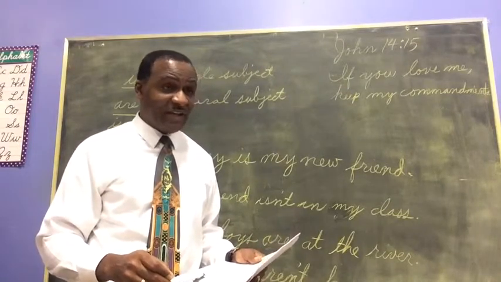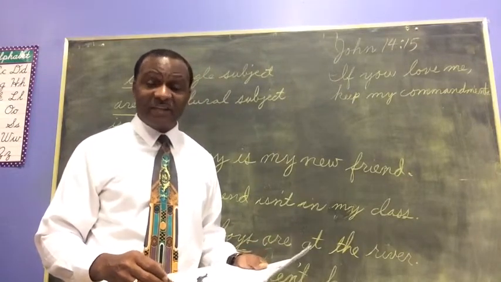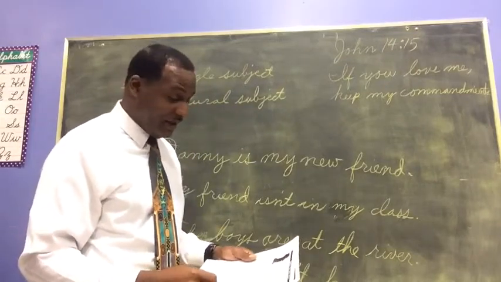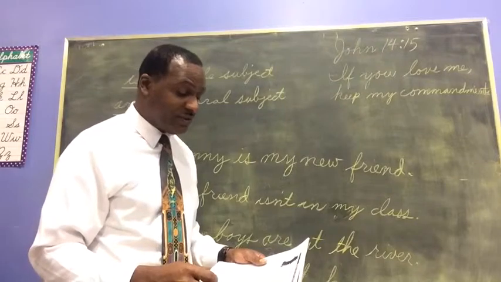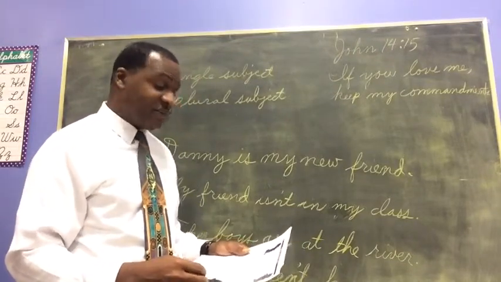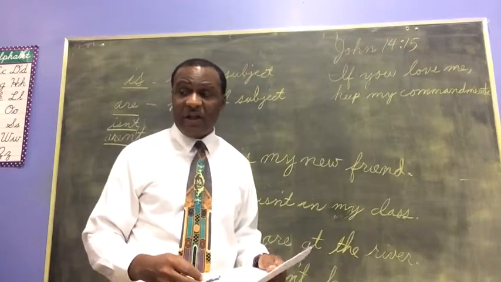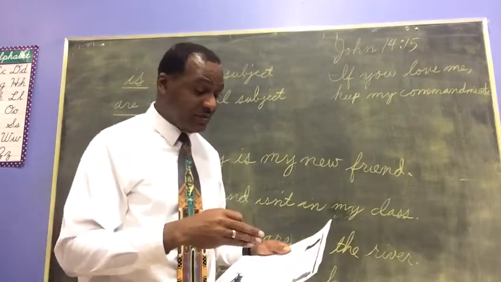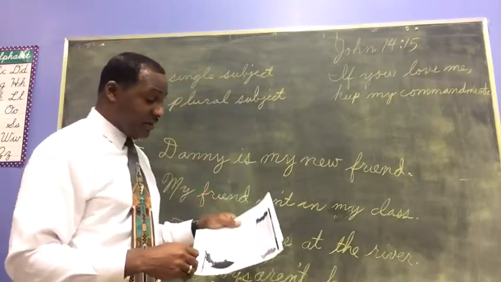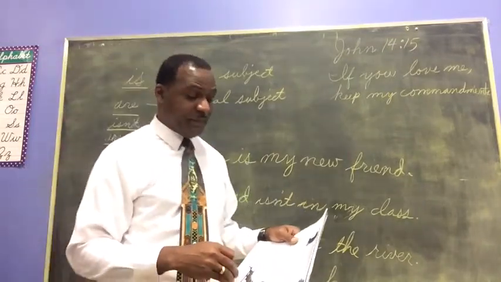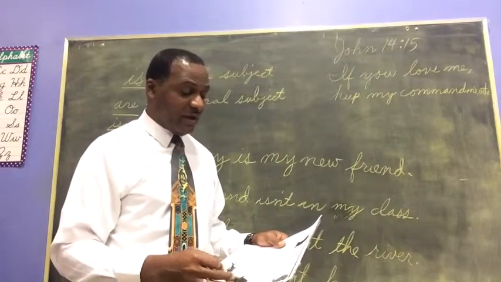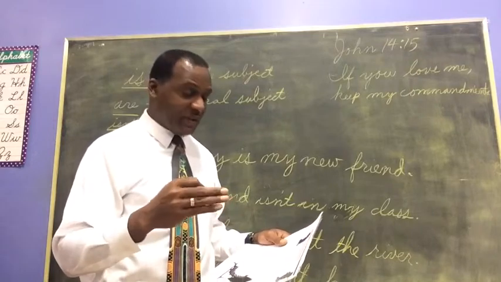Isn't today Valentine's Day? Or is today Valentine's Day would probably be a much better selection of the word. So we would use is today Valentine's Day, or you can use isn't today Valentine's Day. Either way, that's a use of the singular subject with a singular verb.